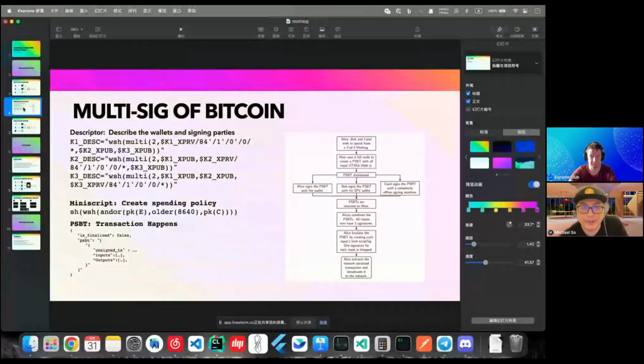So Bitcoin multi-sig is pretty complex if you combine different components and use a complex flow. You have to synchronize all the signing parties, synchronize all signatures, and calculate each input and output, making sure everything goes fine, and then go through the broadcast to the mainnet.